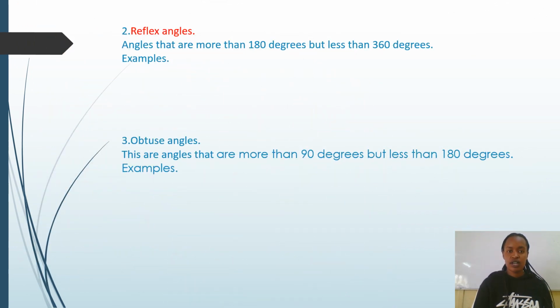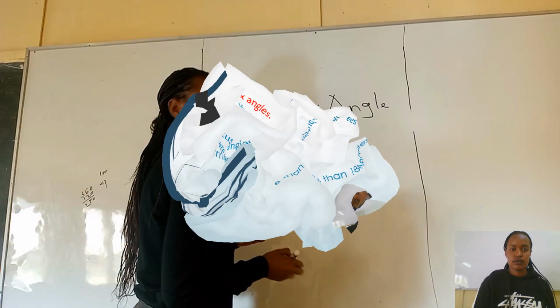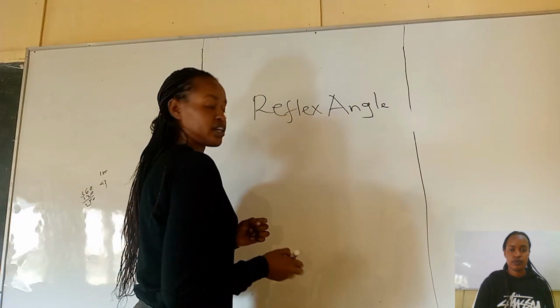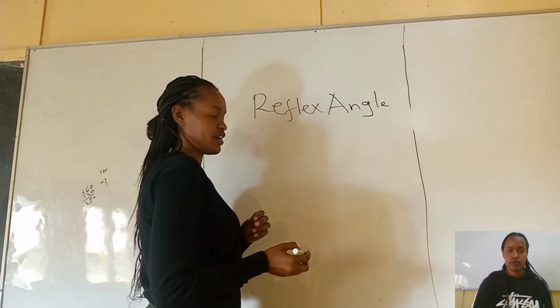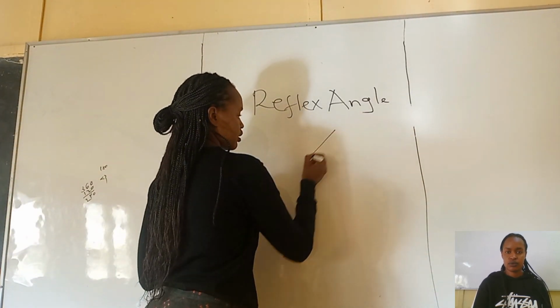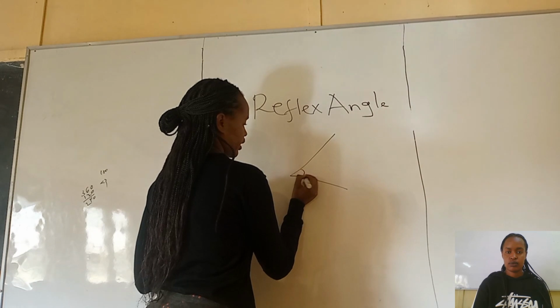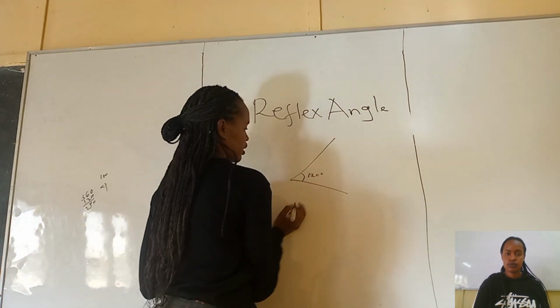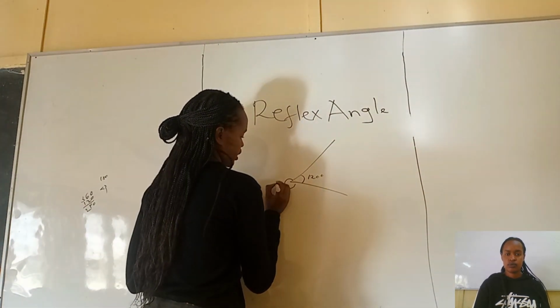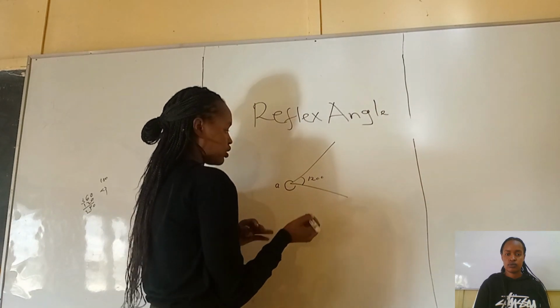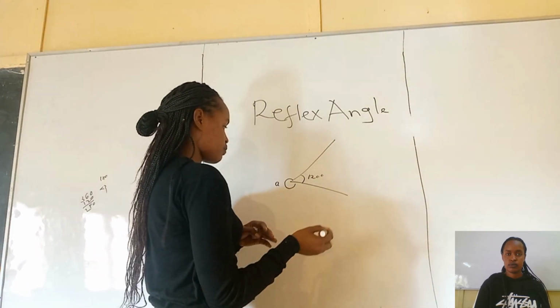Reflex angle. These are angles that are more than 180 degrees but less than 360 degrees. Example. Let's say here is 120 degrees, and let's have here as angle A. We all know that angles at a point add up to 360 degrees.